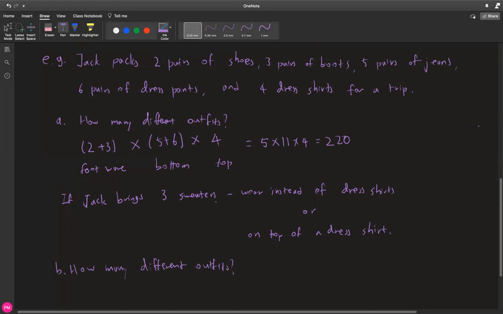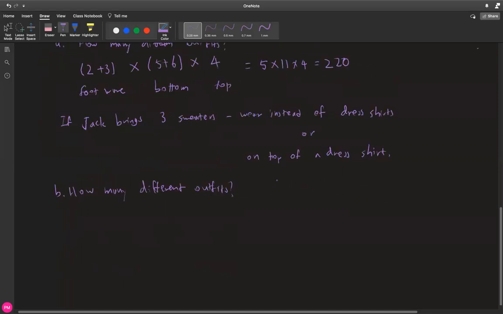These 3 sweaters he can either wear instead of the dress shirt, or he also has a choice to wear them together, so you can wear a dress shirt and wear a sweater on top of it for the colder days. If you're given that choice, how many different ways can Jack wear this outfit?